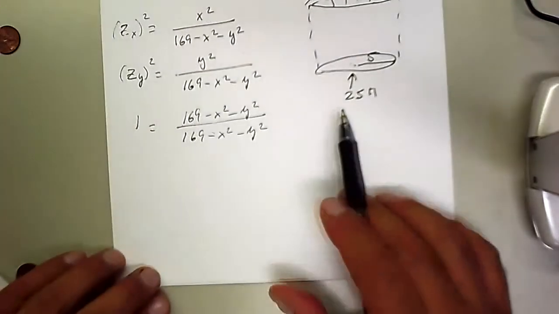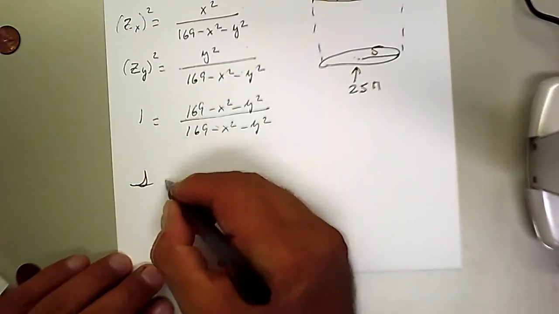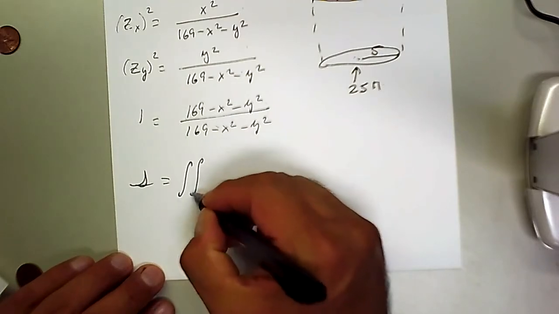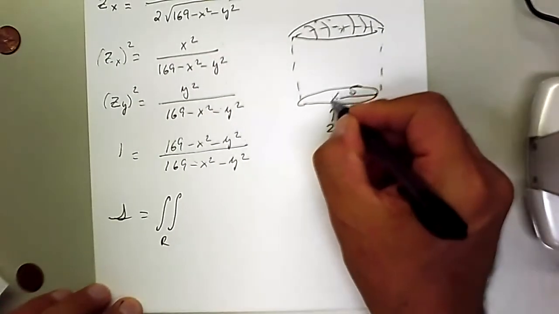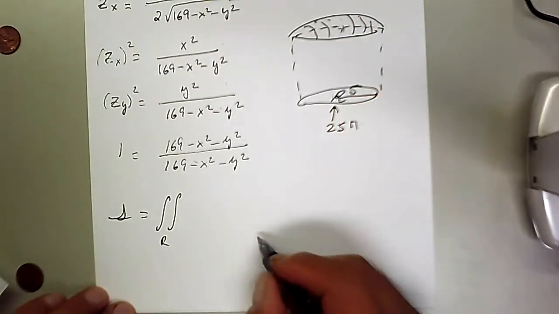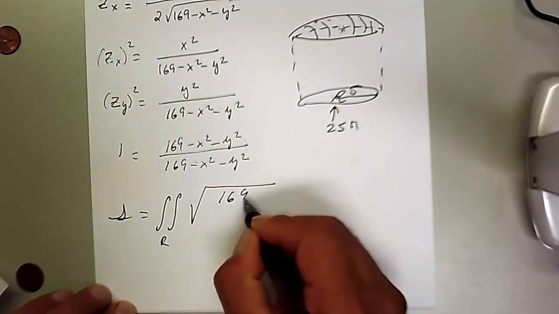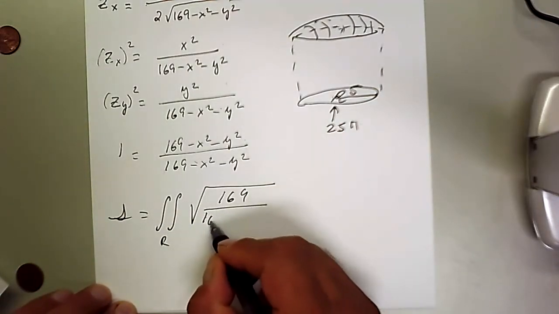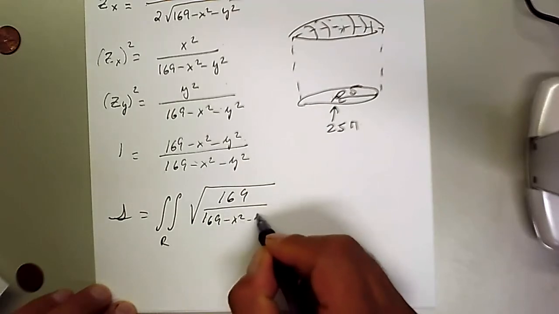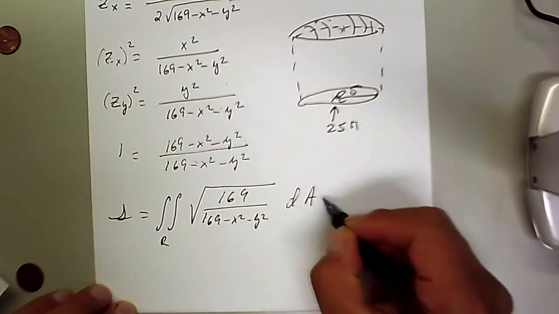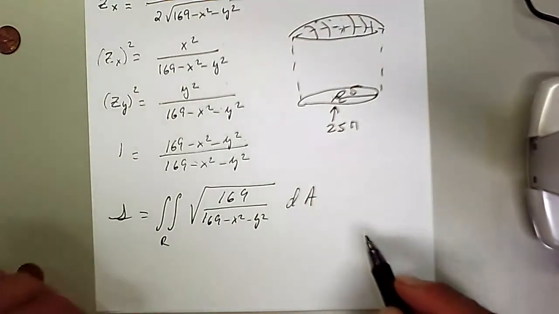So the surface area is going to be the double integral over the region. What region? This region of the square root 169 over 169 minus x squared minus y squared with respect to the area over that region, which is a circle.